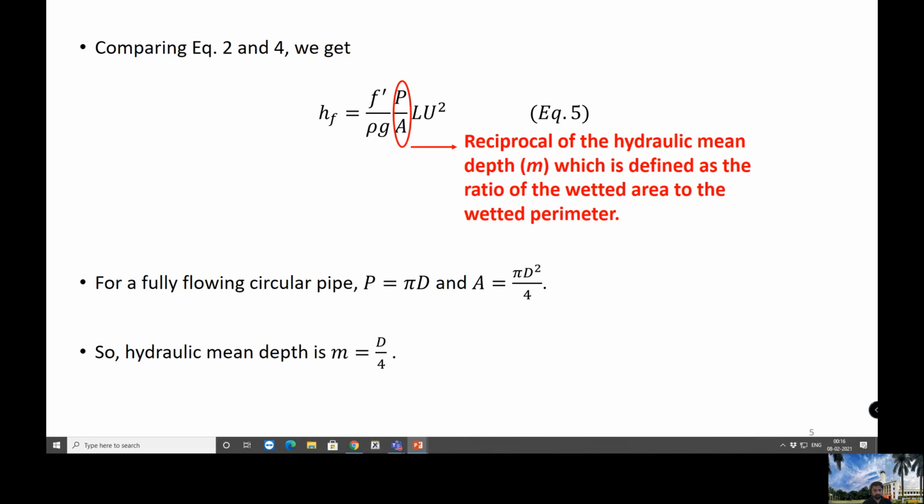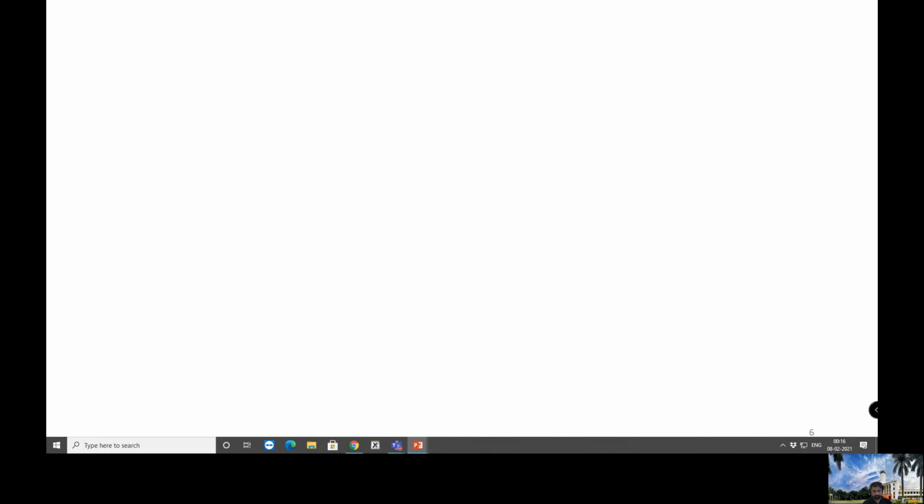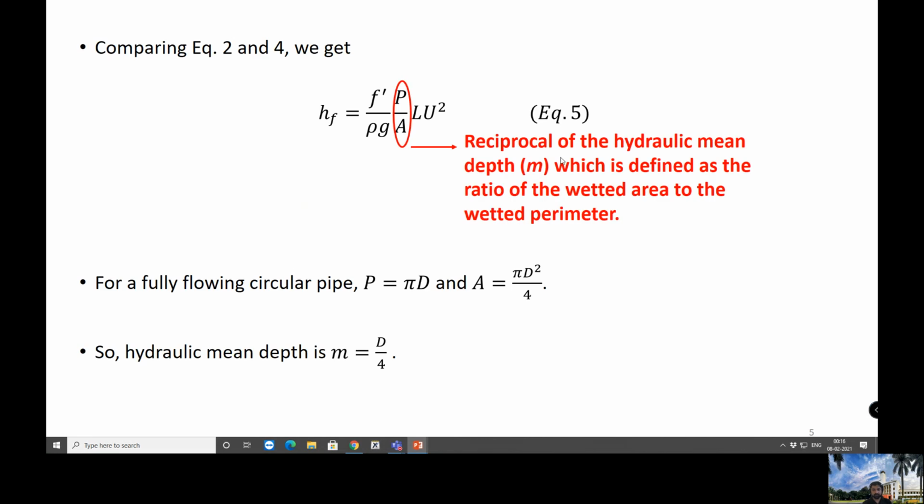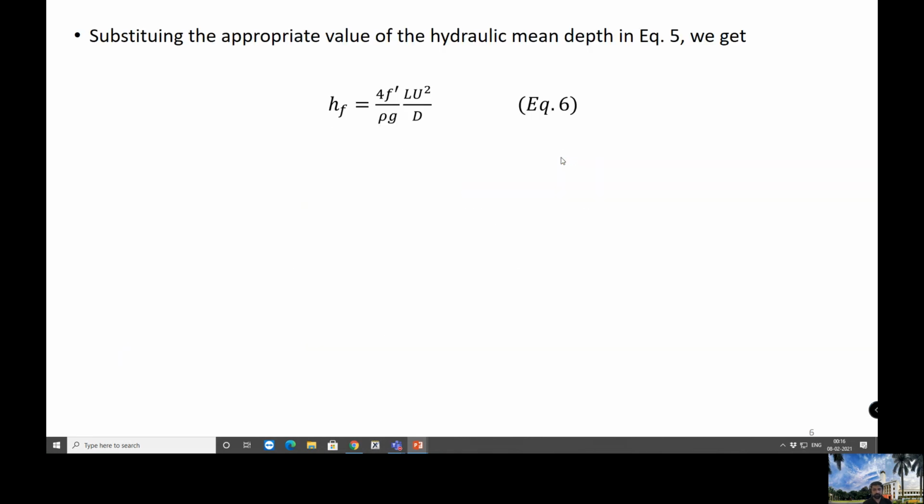If we substitute this P by A in equation number 5, what we get is HF is equal to 4F dash by rho g into L U square by d.